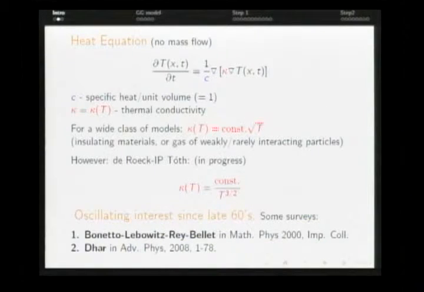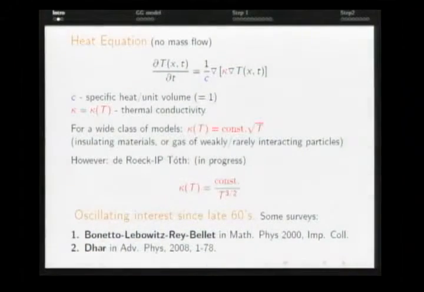So this is the usual diffusion equation where the diffusion coefficient depends on the temperature, as it does in nature. For a wide class of models, the dependence of kappa on the temperature is square root, for example for insulating materials, gases of weakly or rarely interacting particles. But there are other situations where the heat conductivity coefficient behaves completely differently.